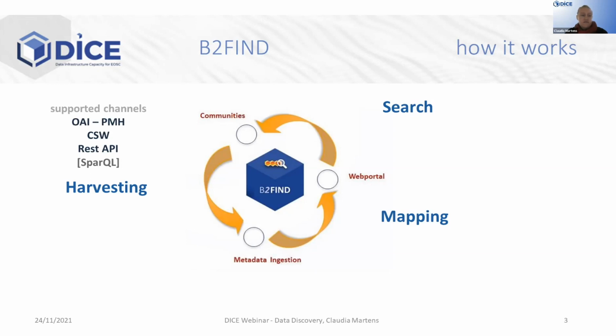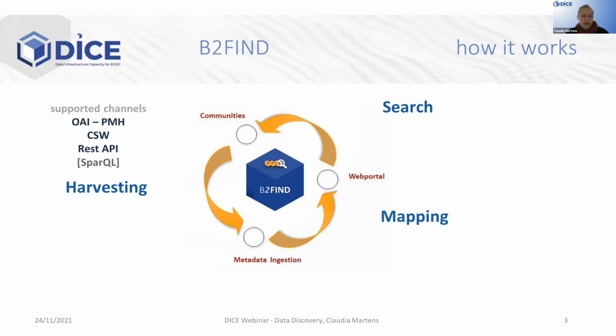We also harvest from CSW, which is the Catalogue Service for the Web, very often used in communities using geospatial data. But we also include any REST APIs. So we may retrieve metadata even when there is no generic endpoint like an OAI endpoint.